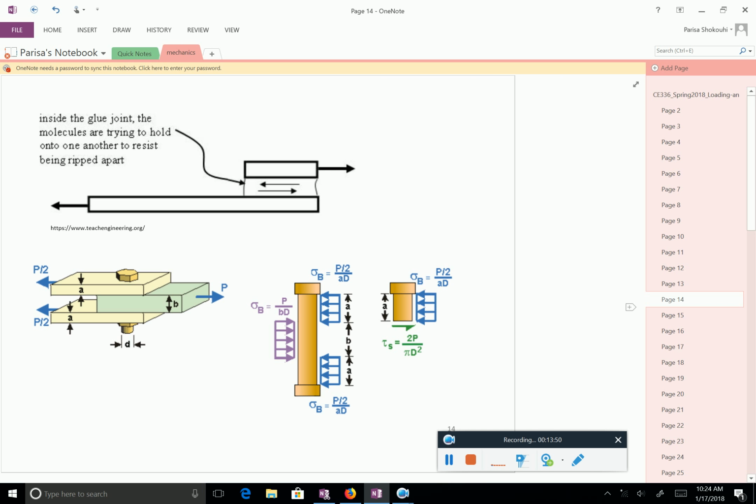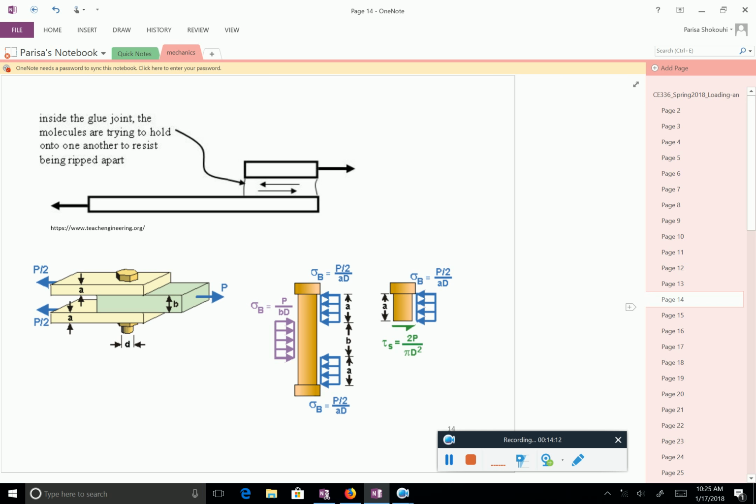So you have here 3 plates are pinned together with this pin. Now, on the right-hand side, what you see is the free body diagram for that pin. So the plates, they try to pull this pin.